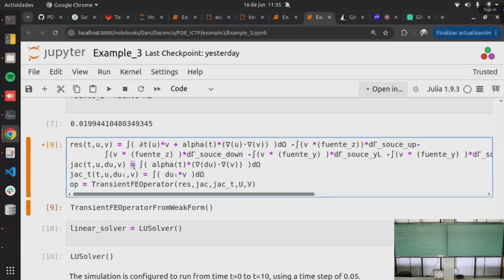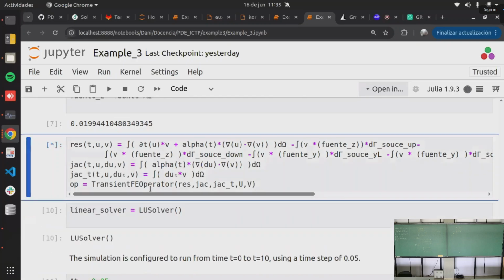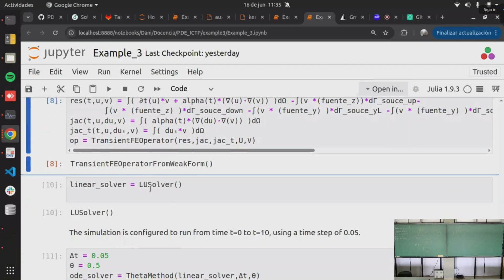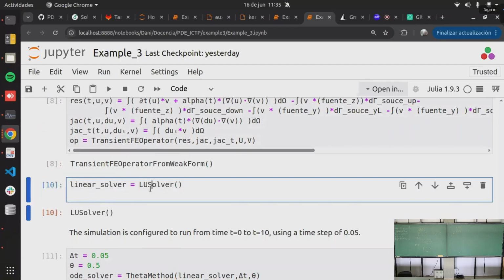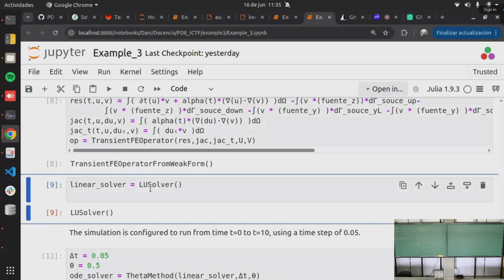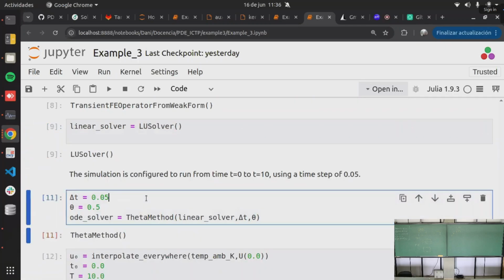The Jacobian part that is performing the problem like before, and the time Jacobian that has the part of the time derivative of the solution. And after that, we assemble all the operators. We will use a linear solver for the space part. And after that, we start with the time configuration for the problem.